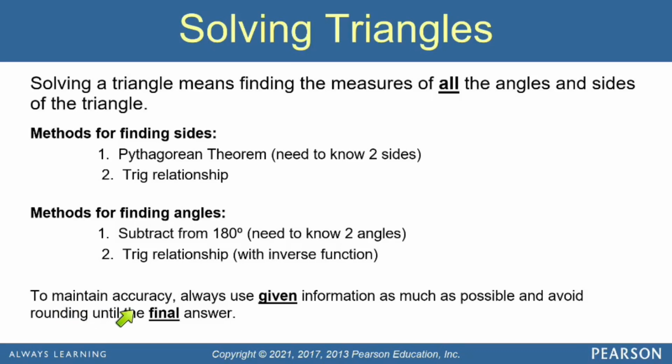So to maintain accuracy, always use the given information as much as possible. In other words, if you have a choice between using a method that uses given information or using a method that uses a previously calculated answer, you want to stick with the given information as much as possible. But if you have to use a calculated answer, avoid rounding until the final answer.